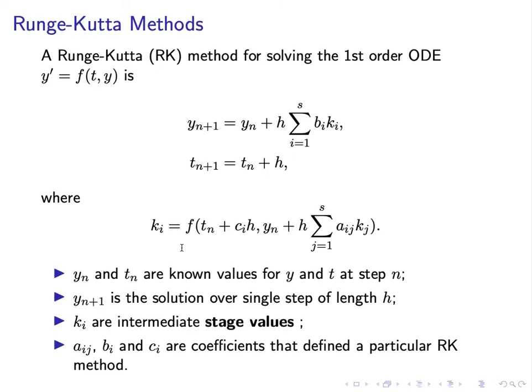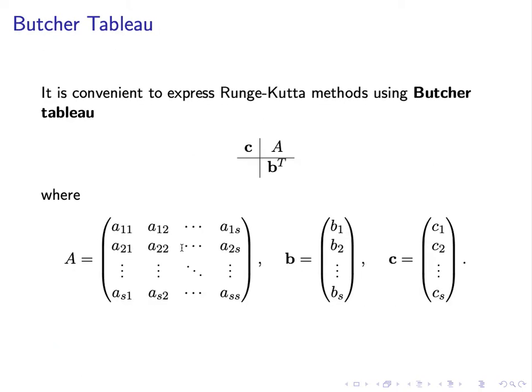Okay, just going to go back to this. It's very common for Runge-Kutta methods to be expressed in what's known as a Butcher tableau. This makes it a bit easier to compare and a bit easier to write down a particular method. I mentioned we had the coefficients a, b and c, so I'm just going to go back a slide.